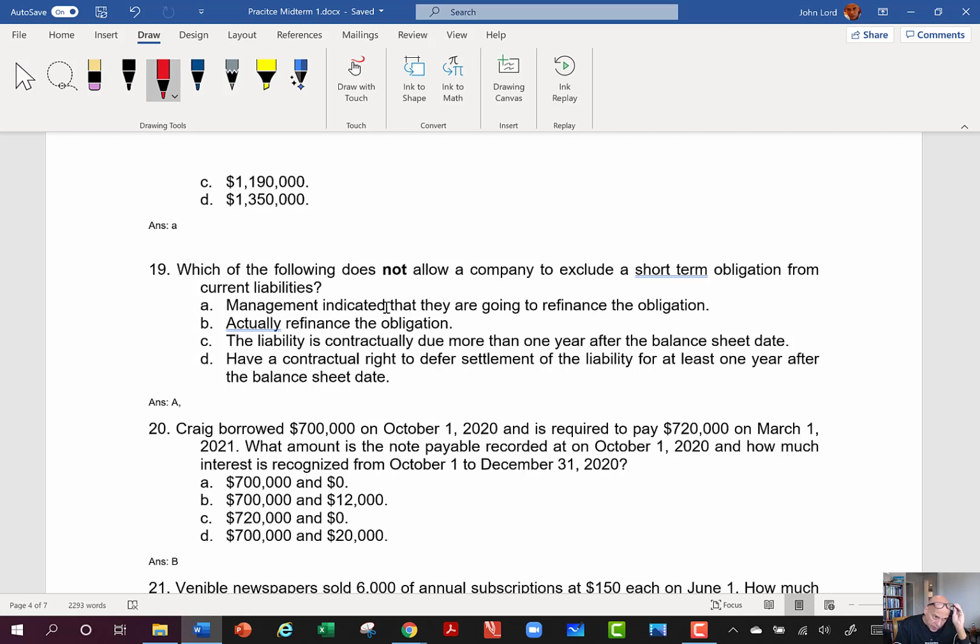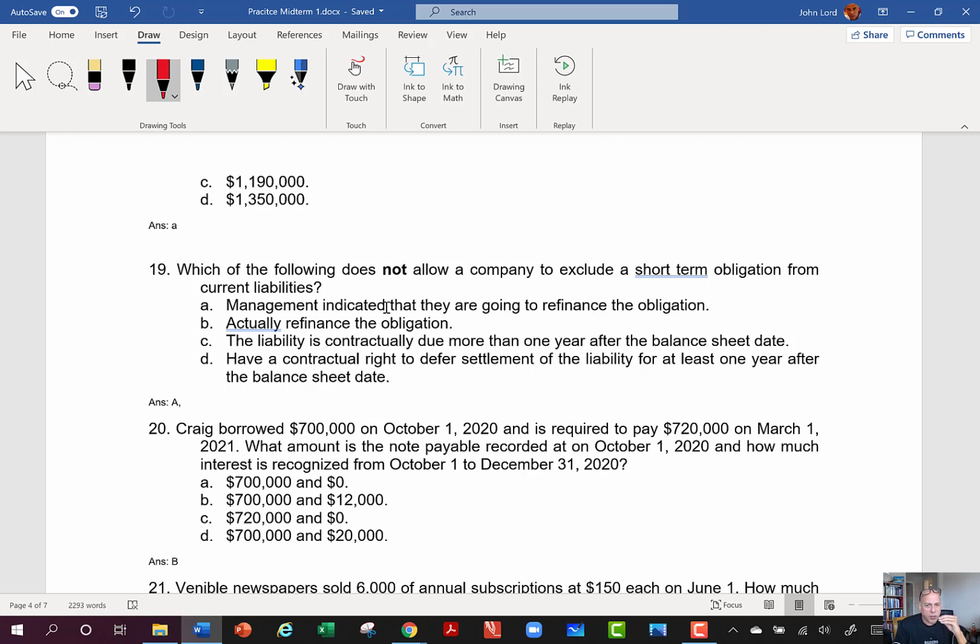Okay, now let's review the rules there. If I refinance that from a short-term to a long-term basis. So I had a note that was going to come due in, say, a couple months into the start of the new year, but I go ahead and refinance it to, say, a 5-year debt.